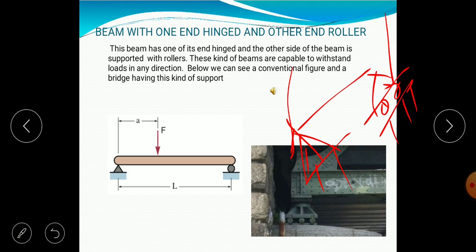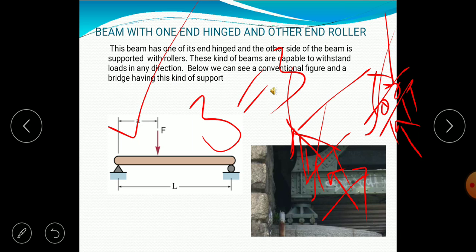Since the hinge can only rotate, it can't move horizontally, it can't move vertically. So 2 reactions. For a roller, it can move horizontally, it can also rotate about one axis, so it has 1 reaction. So how many reactions are there? Here 2, here 1. Total 3 reactions, 3 equilibrium equations, so it is statically determinate.